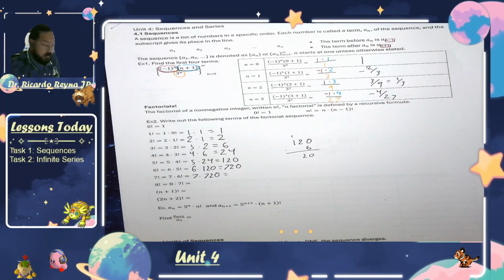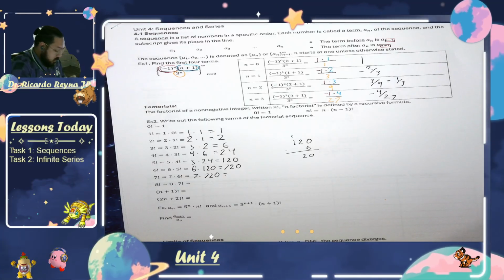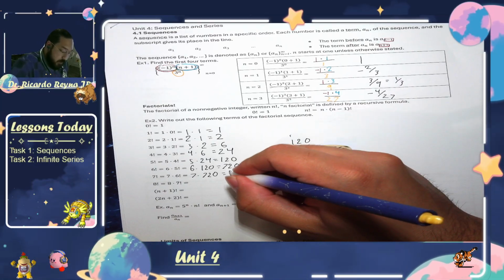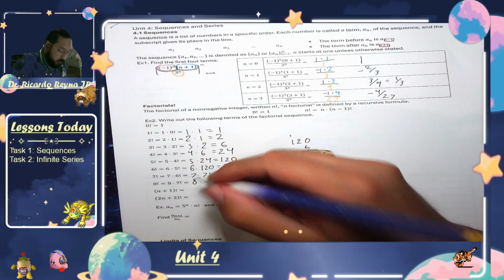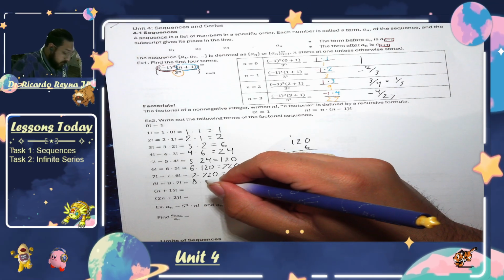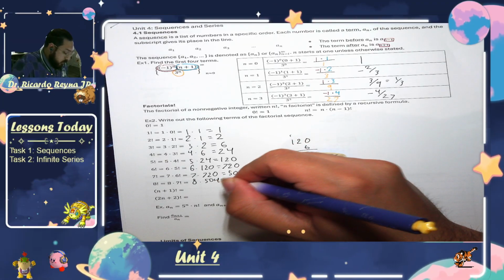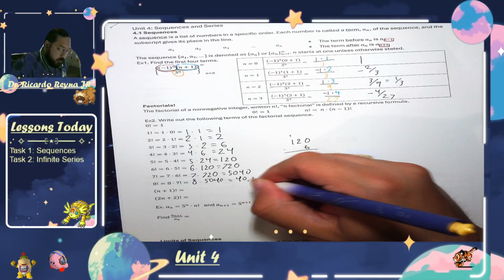Let me put on the calculator. 7 times 720 is 5,040. 8 times 7 factorial is 8 times 5,040. So we got about 40,000.